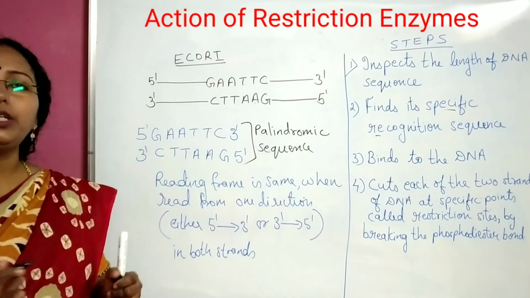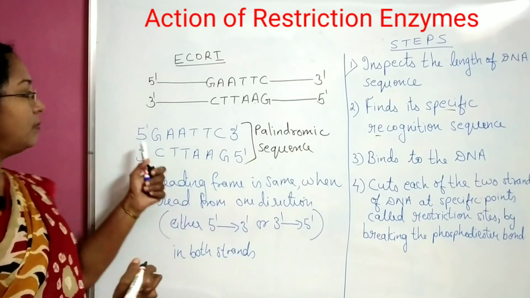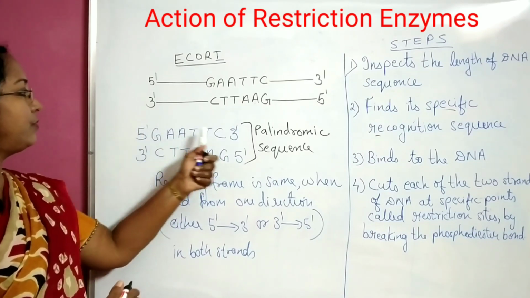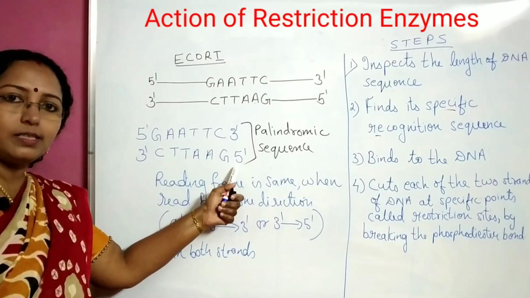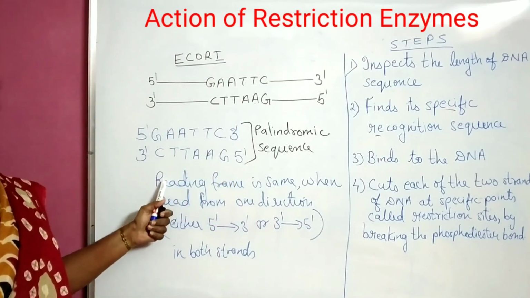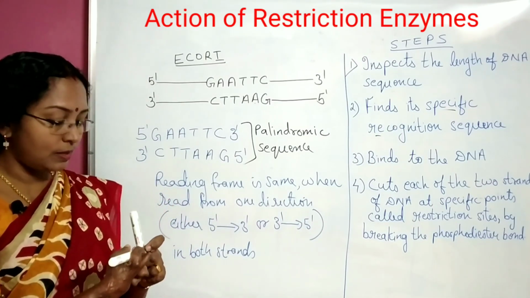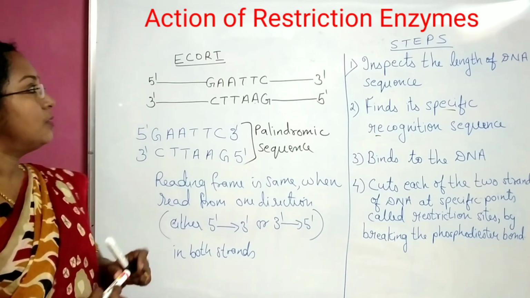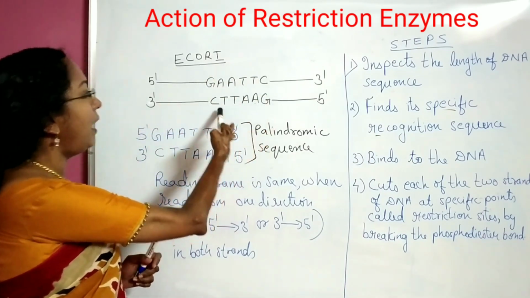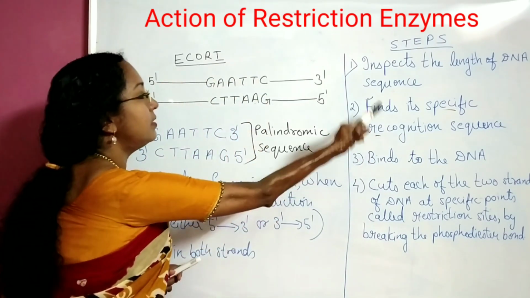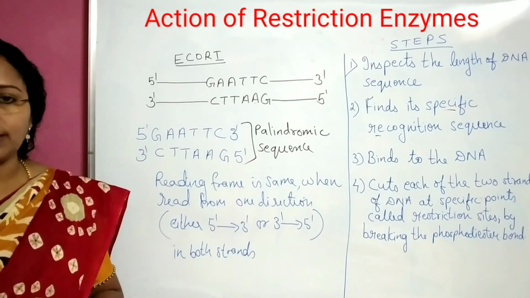The reading frame is same when you read from any one direction, 5 to 3 here, and then read the other strand also from 5 to 3. Then you read the same thing. That is called a palindromic sequence. So EcoRI has a palindromic sequence as its recognition sequence.